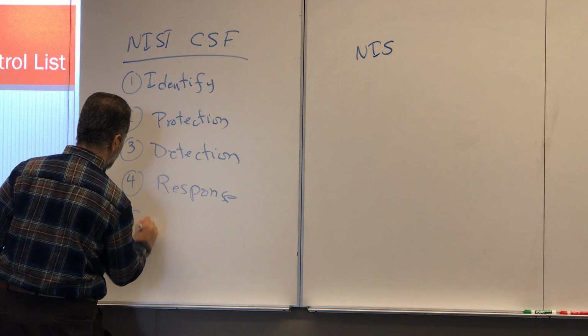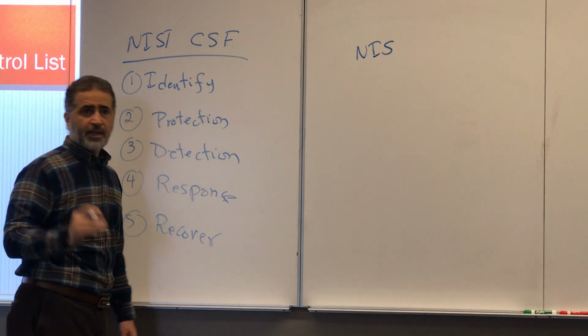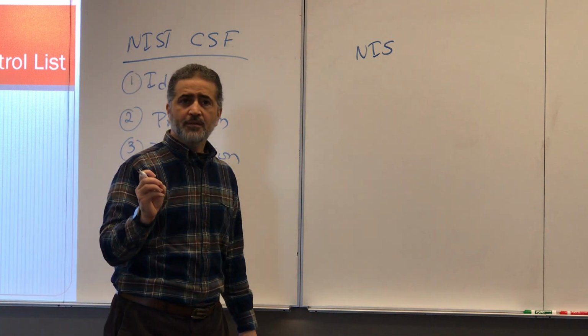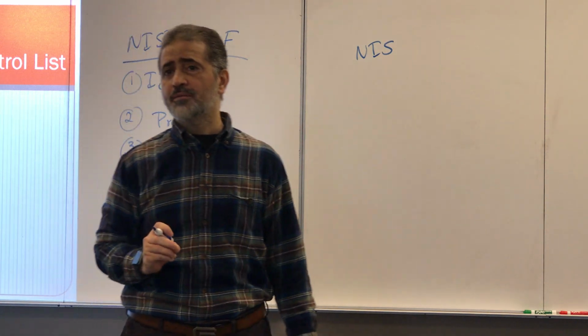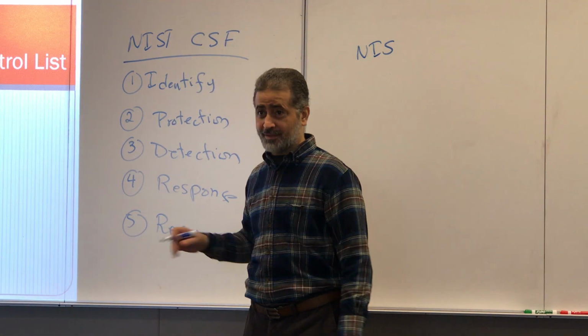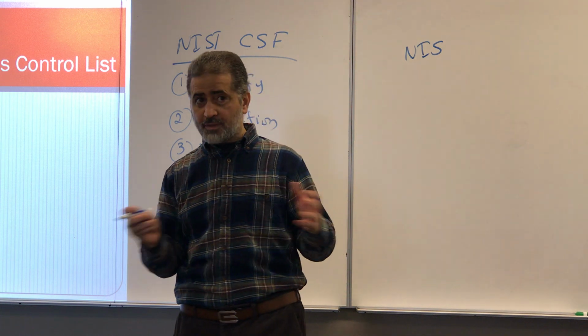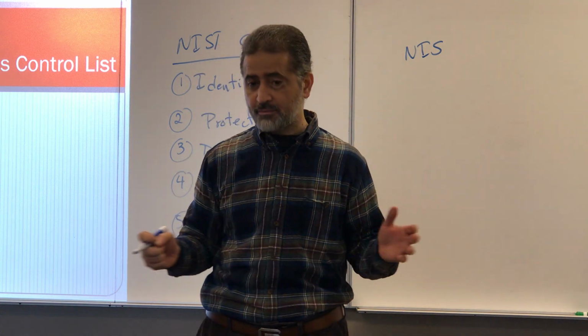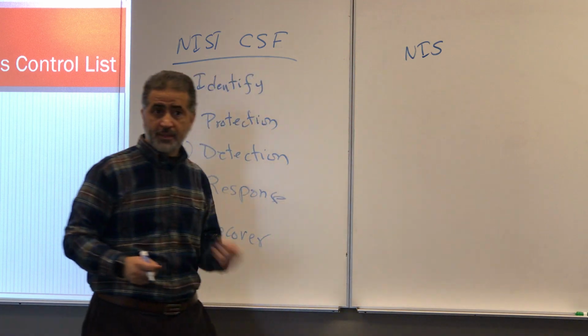The fifth one is recover. Any credible cybersecurity program should cover all these areas. If you want to evaluate any cybersecurity program, regardless, short course or degree, it should cover all these areas.